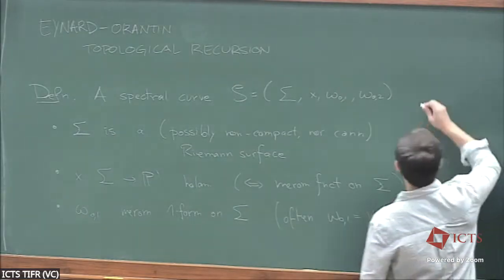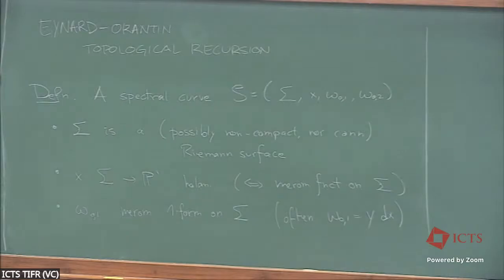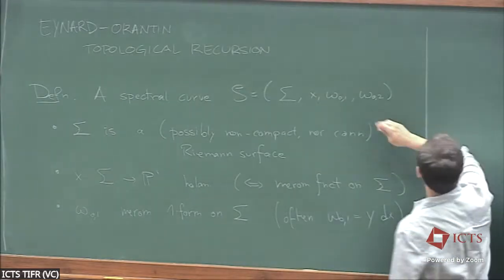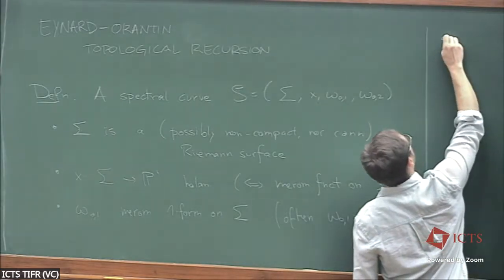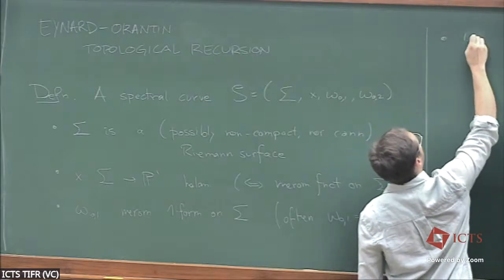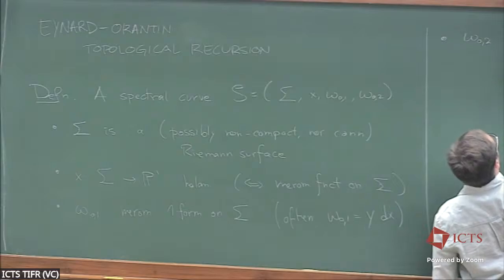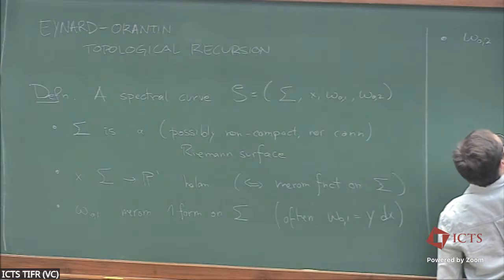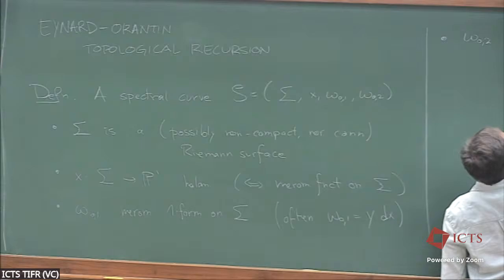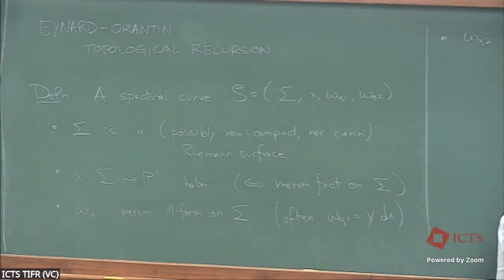Okay, so these are the first three data, and the last datum is this omega 0,2, which is a very special object. So omega 0,2 is known as a fundamental bidifferential on sigma.